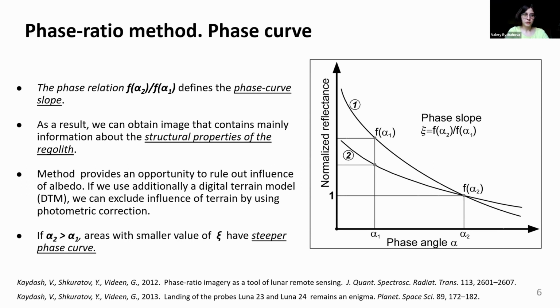With this image, we could work and derive some information. The main rule is that when we have alpha 2 greater than alpha 1, we could say that for this area we have a steeper phase curve, and as a consequence, a rougher surface. Next, please.